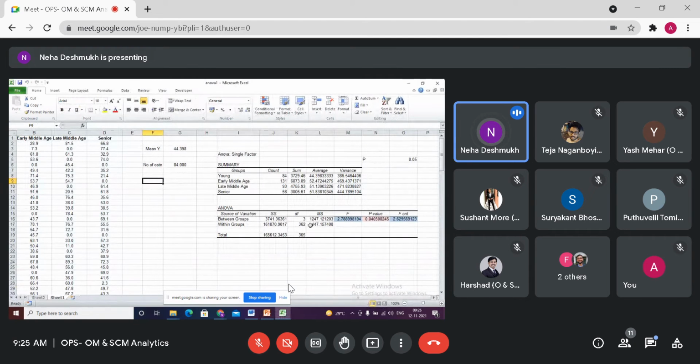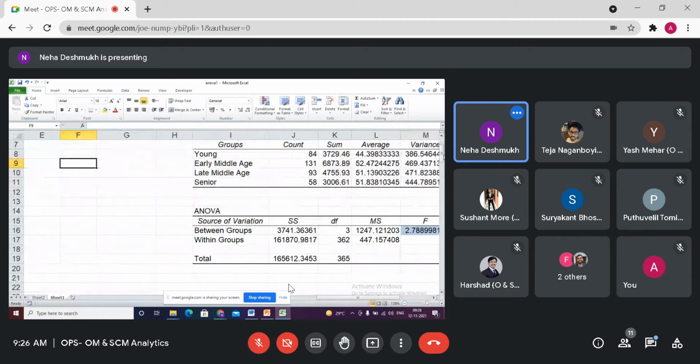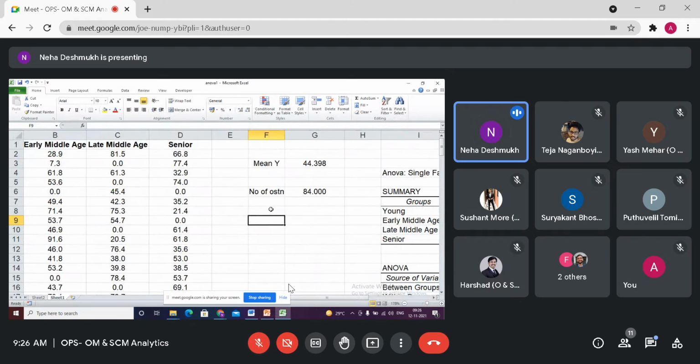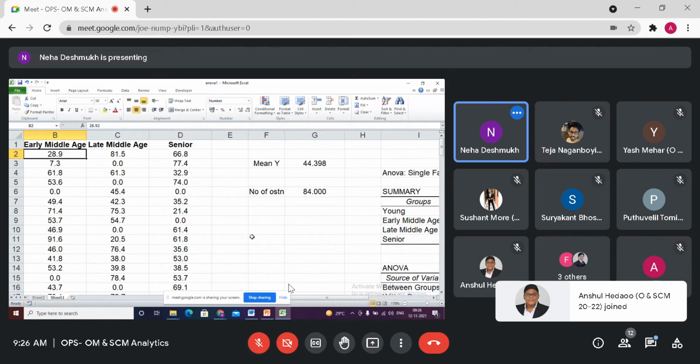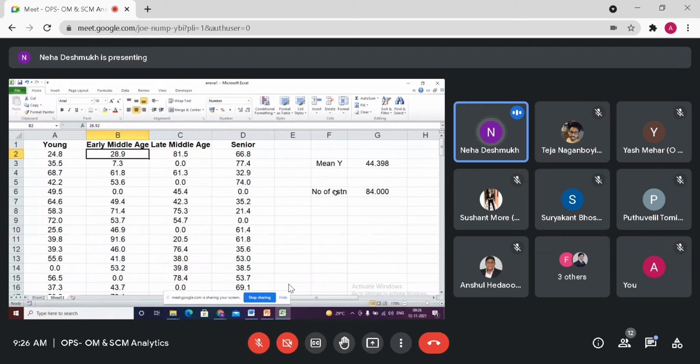Now we can check it by calculating the count of x1, x2. Let's count. This is our x1, this is x2, this is x3, and this is x4. Let's count x1. What is the value of x1? How to count this?